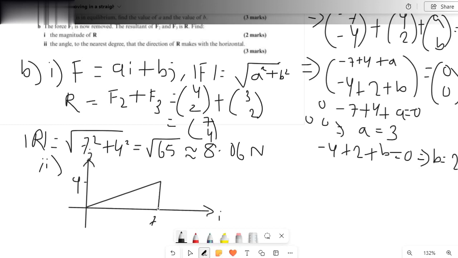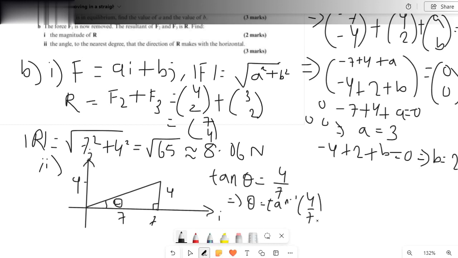And this is a right-angle triangle, and so this is 4 and this is 7, and because we have to find the angle with the horizontal, this is our required angle, which is theta. Therefore, using tan theta is equal to opposite over adjacent, we have 4 over 7, so theta is equal to tan inverse of 4 over 7, which is 29.7 degrees. Now because we have to find the angle to the nearest degree, the nearest degree should be 30 degrees.